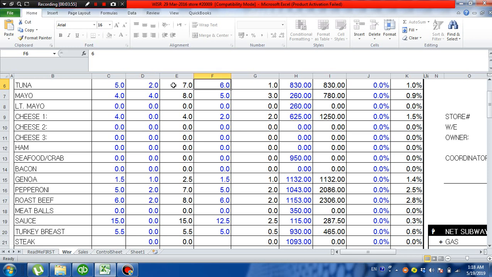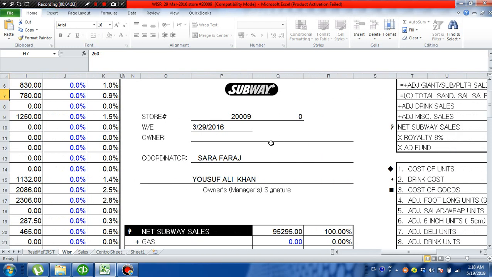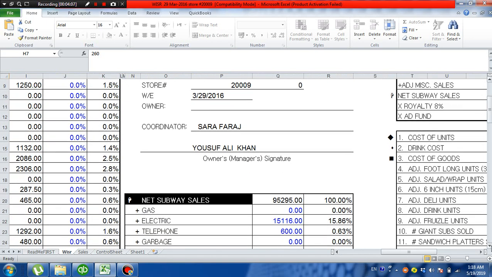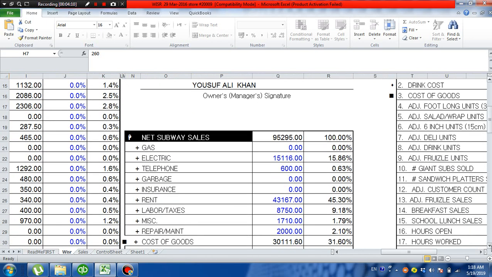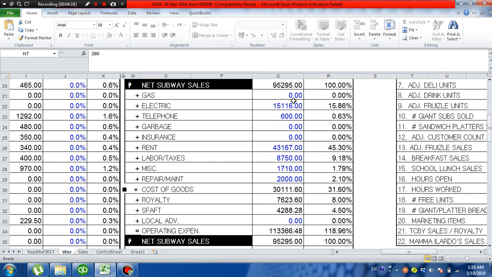Look at this. This is the inventory, and here you can see that this is the store number on the top, and look at this, this is the sale, electricity of a week.